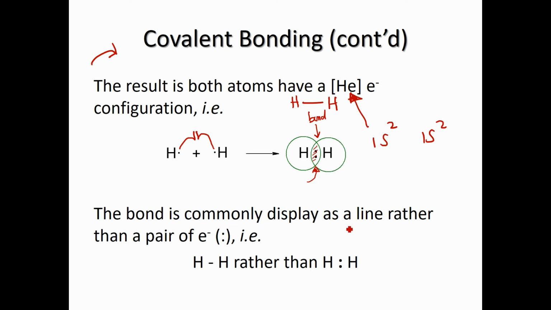The bond is commonly displayed as a line rather than a pair of dots. So we would want to show it this way, not this way. Remember, each bond is 2 electrons.